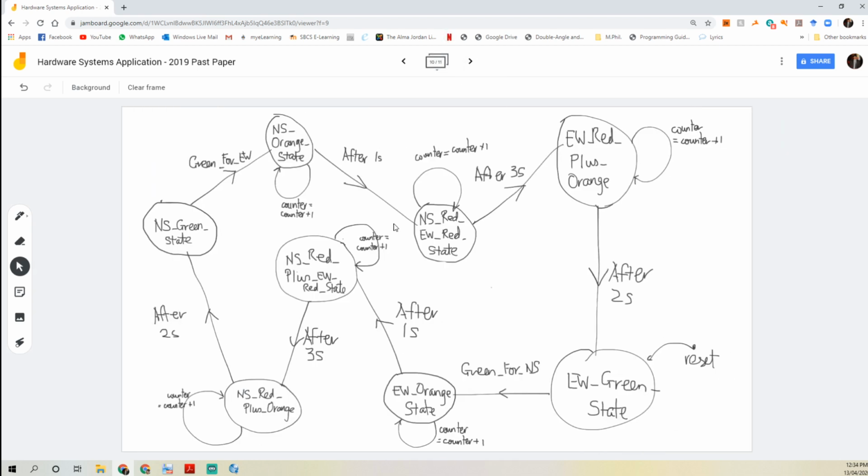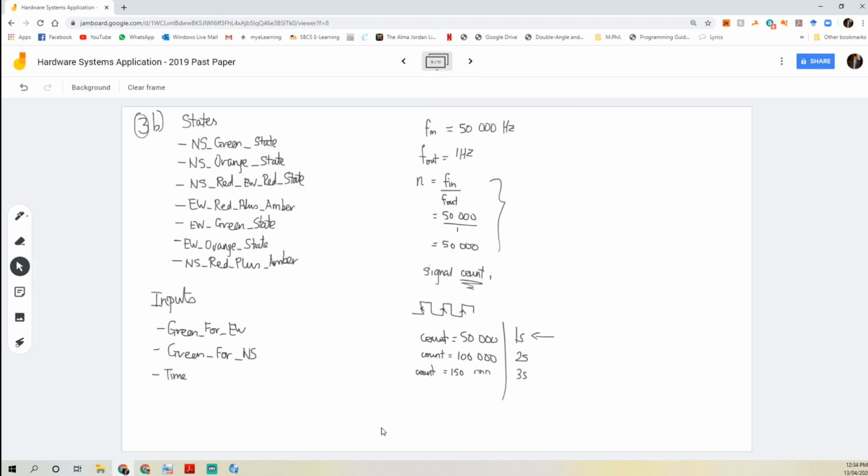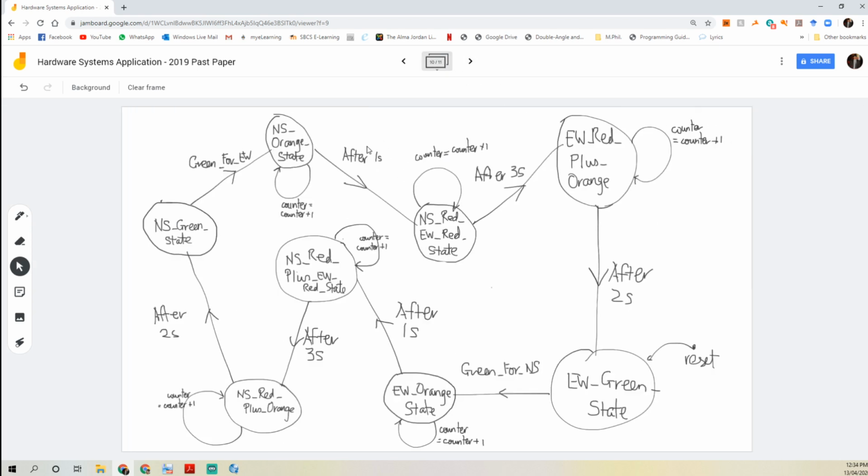In other words, count would have entered this state at the value of 50,000 that is continuously incrementing. So to determine that 3 seconds have passed, I have to look at 50,000 plus 150,000 to determine when 3 more seconds have passed. In other words, 4 seconds in total. That's 1 second plus 3 seconds is 4 seconds.